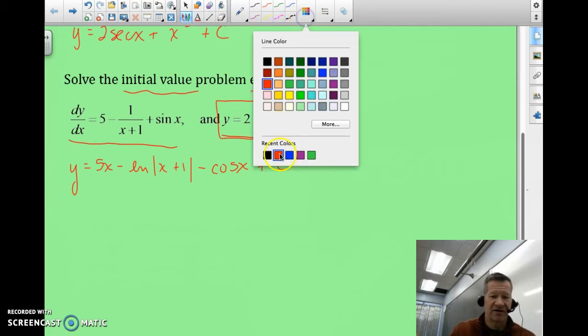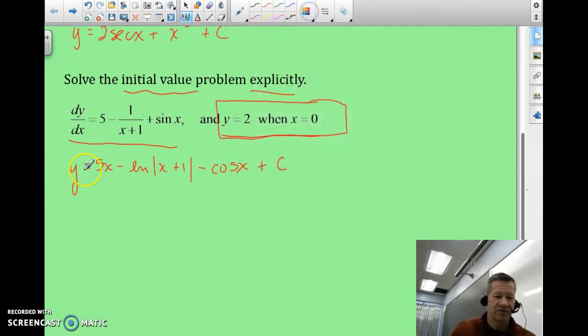So let me grab a different color here. So 2 is going to be equal to 5 times 0, which is 0, minus the natural log of 0 plus 1, which is 1. The natural log of 1 is 0, minus the cosine of 0, which is 1, and then plus c.